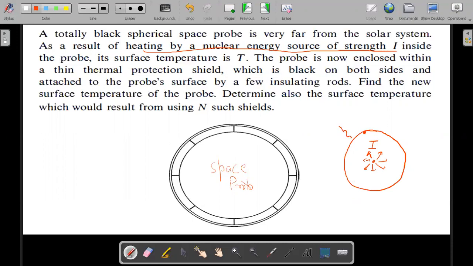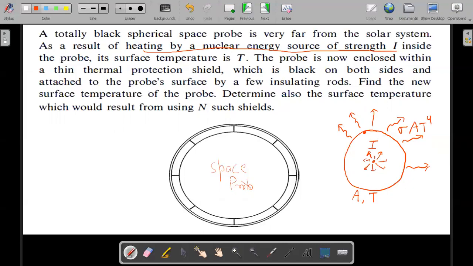Since it is a black body, it will radiate energy into the outer space. As per Stefan's law, if we assume the area of the surface is capital A and the absolute temperature is capital T, then this rate of heat radiation will be sigma, the Stefan constant, times area, times temperature raised to the power 4.